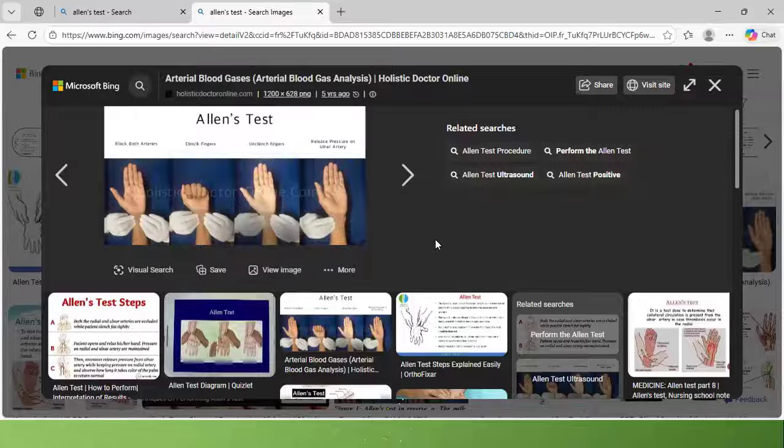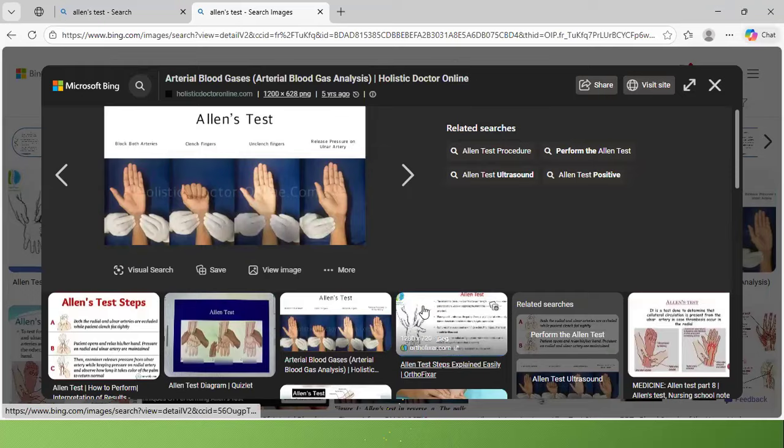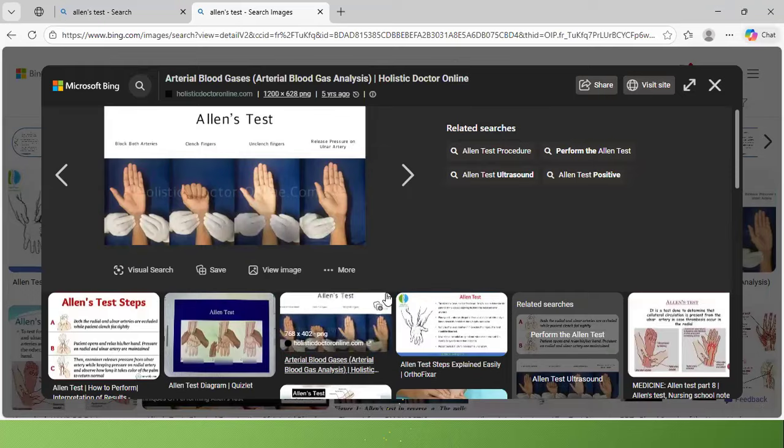Then you release the pressure on the ulnar artery whilst you maintain pressure on the radial artery. If the ulnar artery is functioning adequately and supplying adequate blood, the moment you release the pressure from the ulnar artery, you must see flushing of the hand. You must see flushing occurring in the hand here.